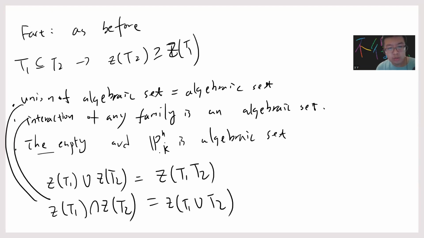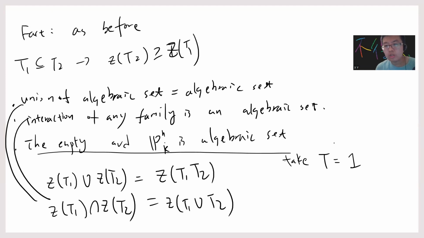And the empty set and P^n_K being algebraic sets: for example, you can take T to be 1. 1 is non-zero, so if you take the zero set of 1, it must be empty, there are no points.